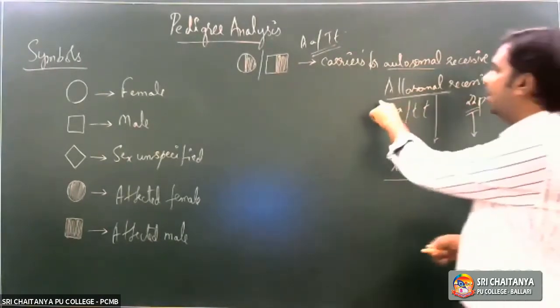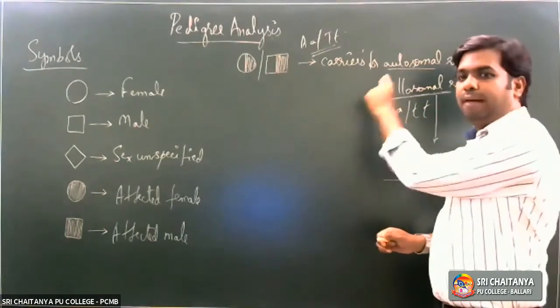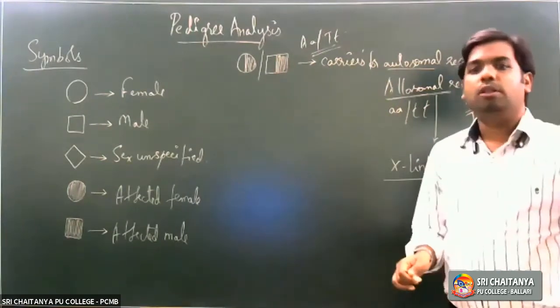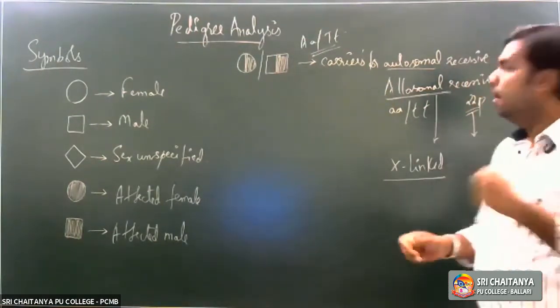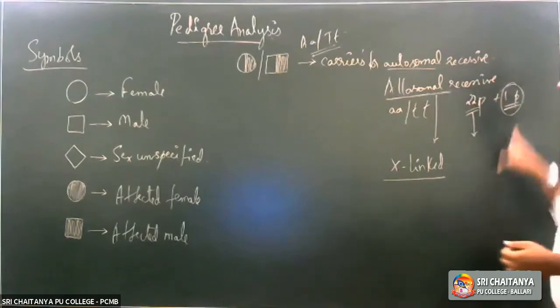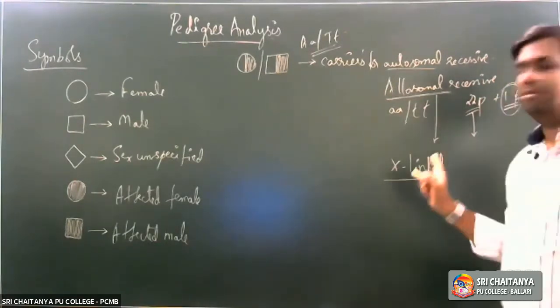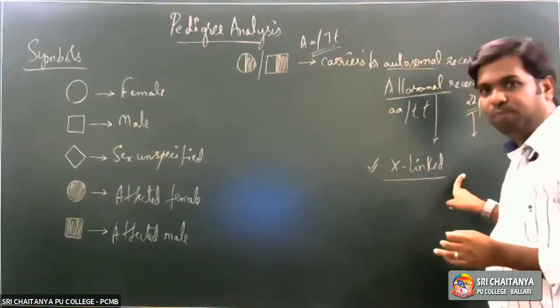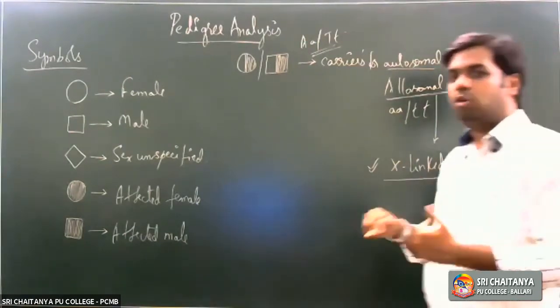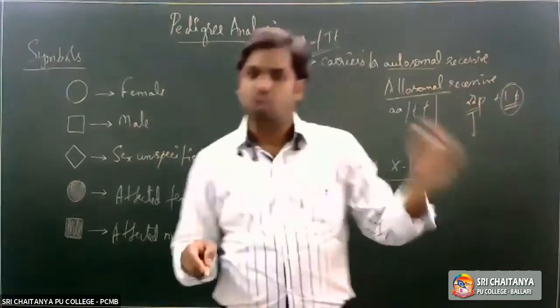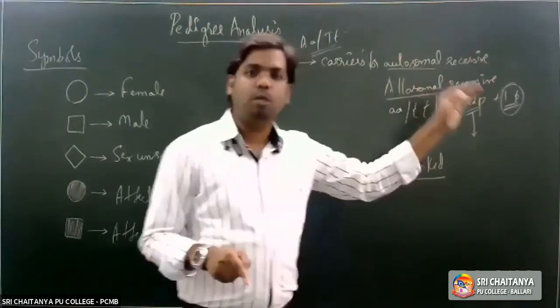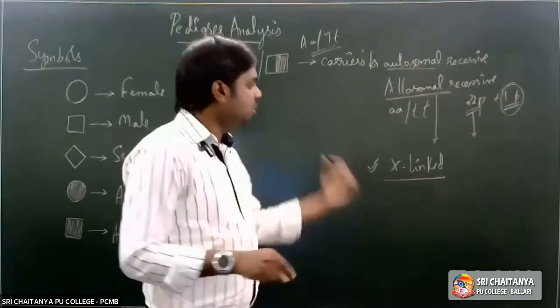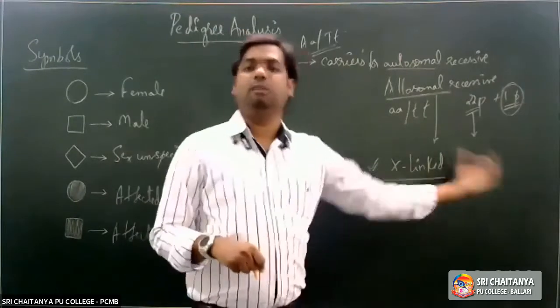And whenever we talk about allosomal disorders, we are referring to mutation of a gene present on the allosome, more precisely the X chromosome. Those we call sex-linked disorders, allosomal disorders, or simply X-linked disorders.